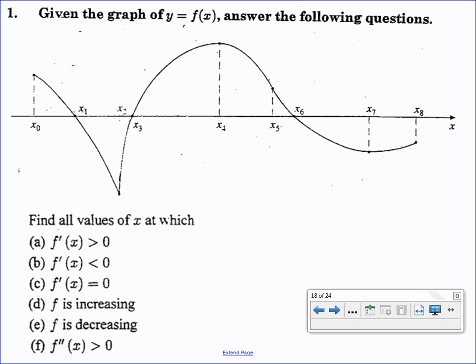It appears that f prime is positive whenever f is doing what? Well, whenever f is increasing. And so as I look at this, I can get my values of x for which f prime is positive by looking to see when f is increasing. So I would state in interval notation, this is supposed to be from x sub 2 up until x sub 4, union x sub 7 up until x sub 8.